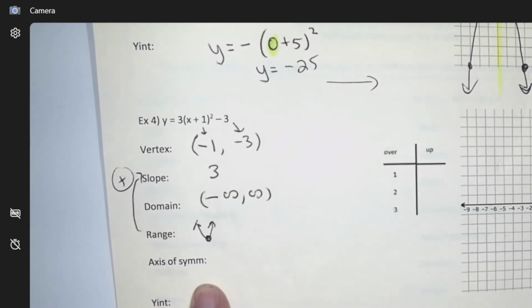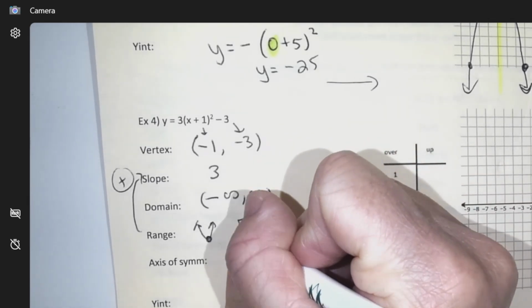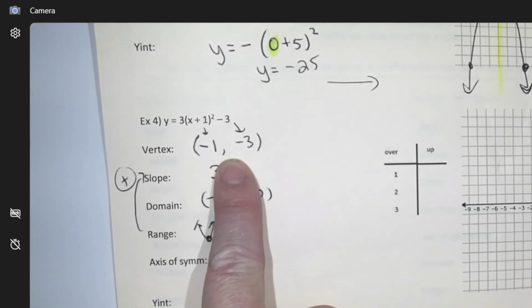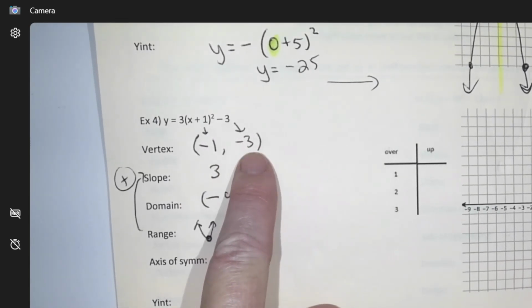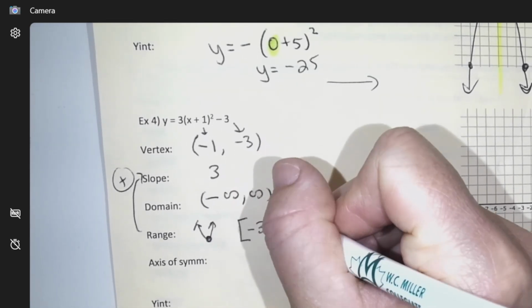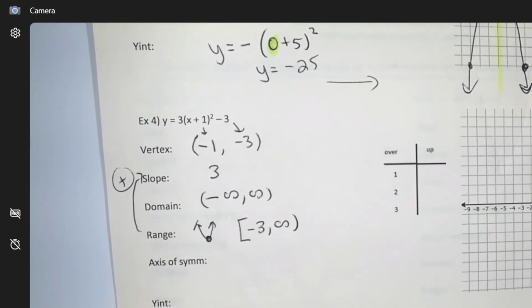So now, what is my range? So what's the lowest height on this thing? The lowest height is, where am I going to grab height from? The y value is my height part, right? -3 to infinity.